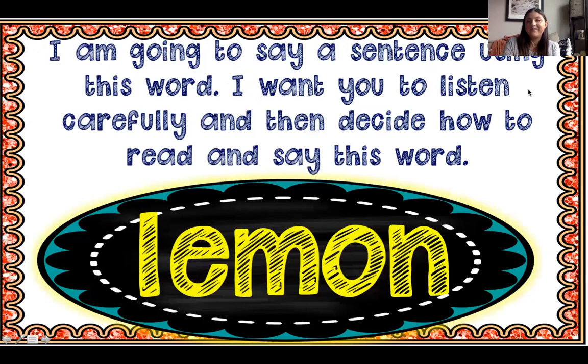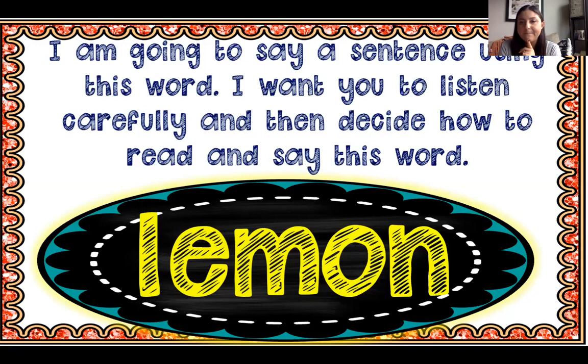Alrighty. For this part, I'm gonna say a sentence using this word. I want you to listen carefully and then decide how to read and say this word. Okay, ready? I went to the store and I got a lemon to put on my salad. A lemon. All right.